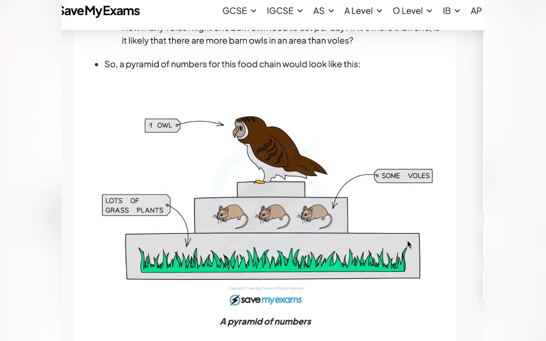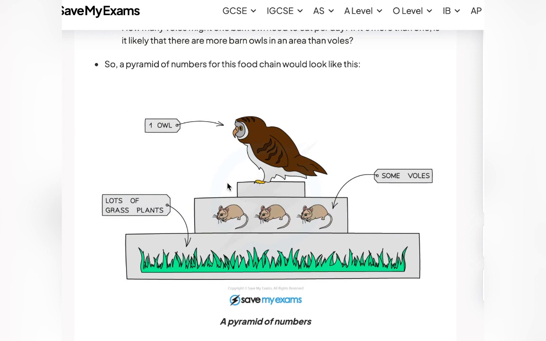You can see the width. The width for this one is bigger, lots of grasses, because it's 8. This is pyramid of numbers. The width is bigger because there are more grasses. Then the width of this one is less than the other, because there are only 3 mouse that are eating grasses.